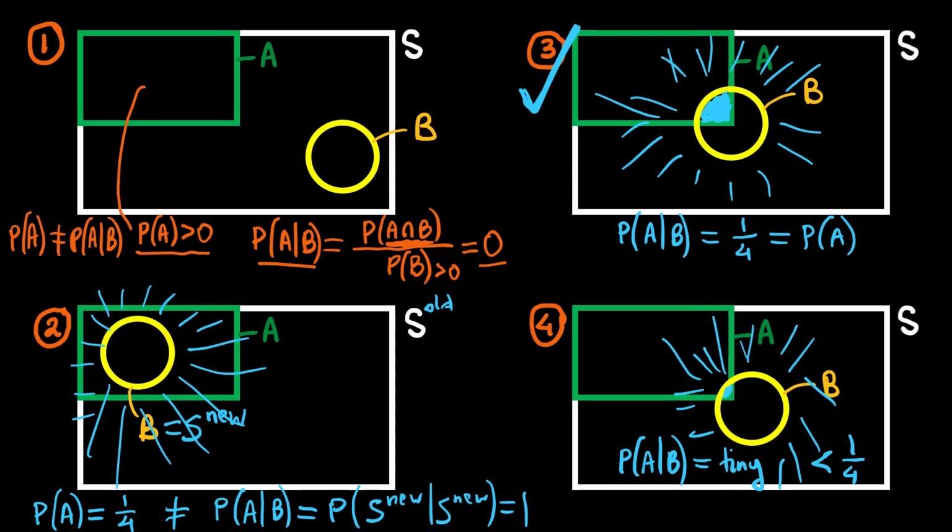And there's one more observation to be made here, and that is that independence of events is rare. It is the exception rather than the norm. And you can see that by taking the sample space that we have here and keeping event A fixed as we have it, and keep the size of event B the same, and just move it around the sample space.